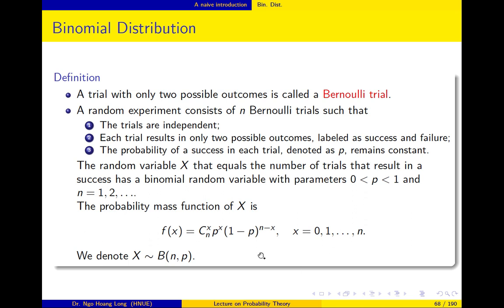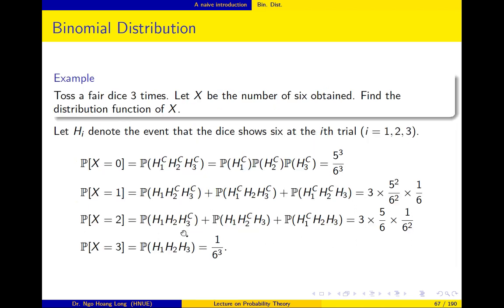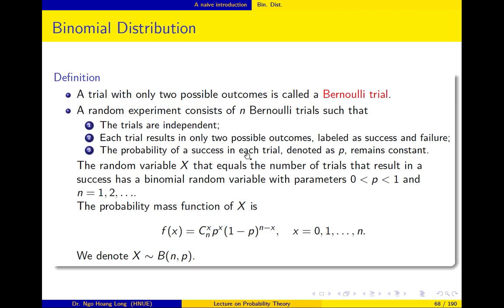So if you apply this formula, you will see we have the same result. And we denote the binomial distribution by B(n, p), where B stands for binomial. The binomial distribution has 2 parameters. The first one is n, the number of trials. And the second one is p, the probability of success in a trial.